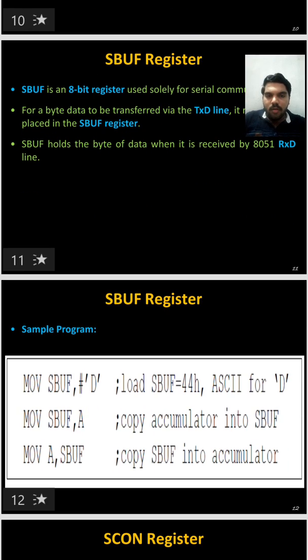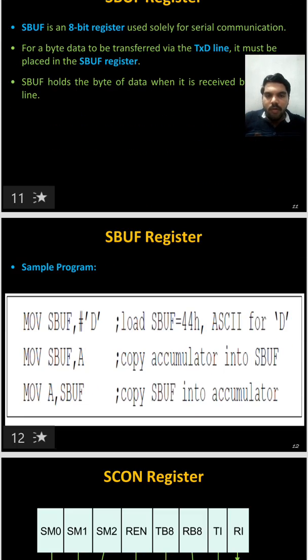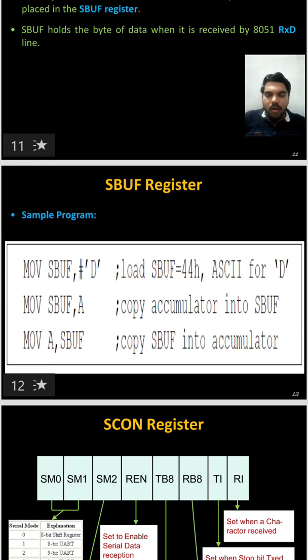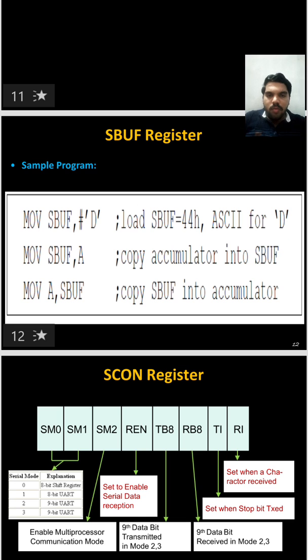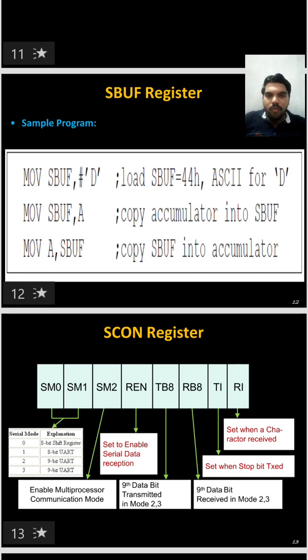The serial buffer register is how the data is transmitted from character-oriented to single-bit-oriented. Move serial buffer to A, then the data can be transmitted. Finally, the received data is in the serial buffer.